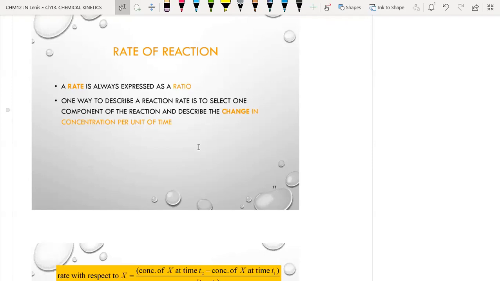So how do you measure the rate of the reaction? If we have a reaction A plus B making products, you can say the rate of the reaction.